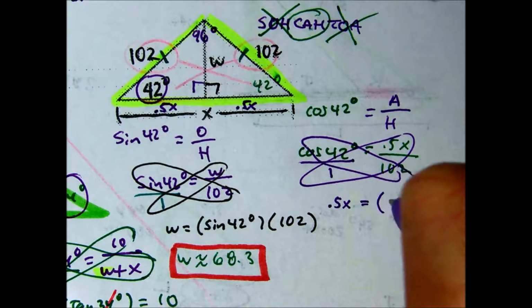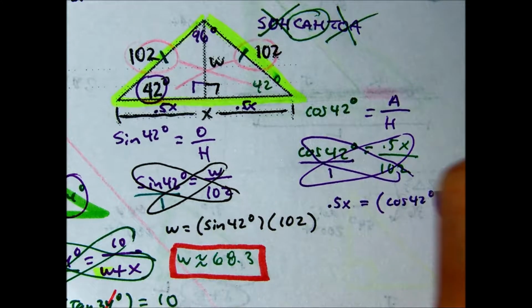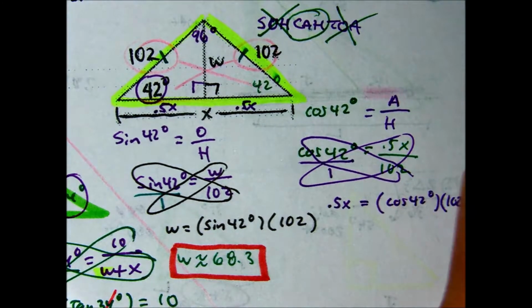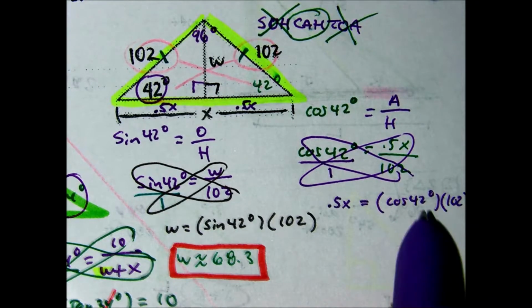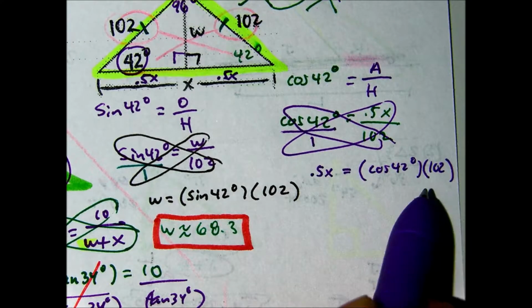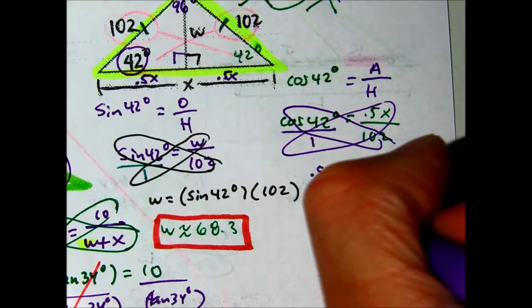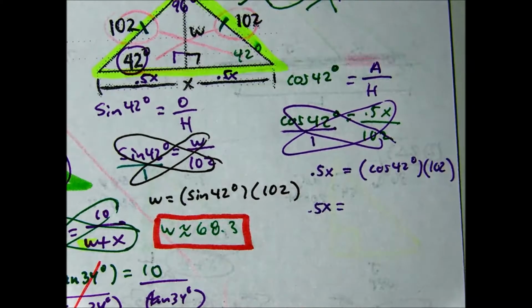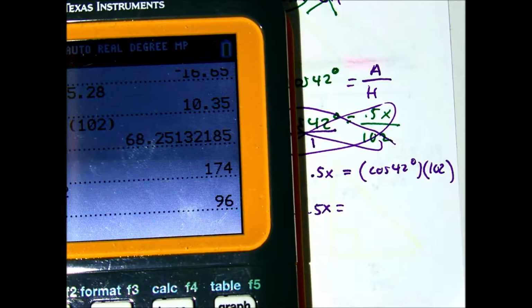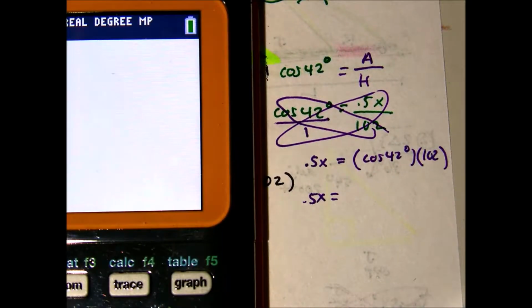Let's multiply these two first. So now I have cosine of 42 times 102, and you get 75.800072.